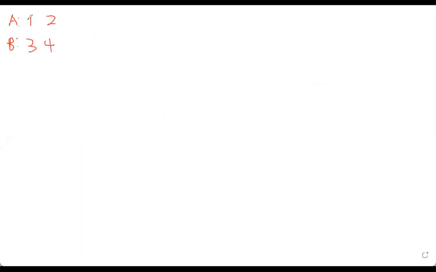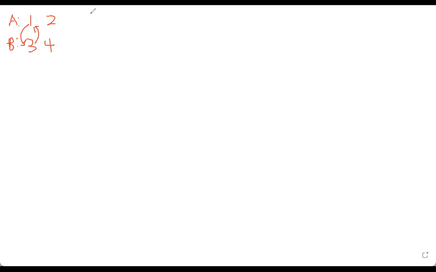So on Tuesday, a bucket from barn A goes to barn B, and on Wednesday, a bucket from barn B goes to barn A. So a combination that can happen is that bucket 1 goes to barn B on the first day, and bucket 3 goes to barn A. So these two will have swapped.